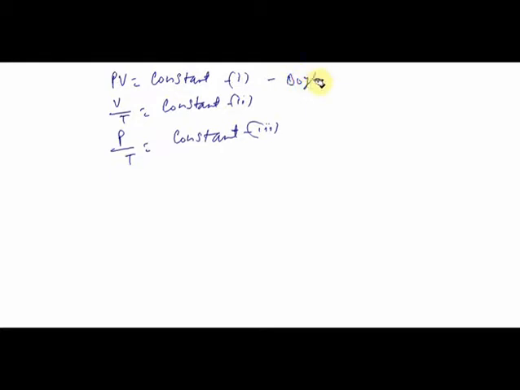This was Boyle's law, this was Charles' law, and this was pressure law. So if we combine these three equations, we get PV by T is constant.